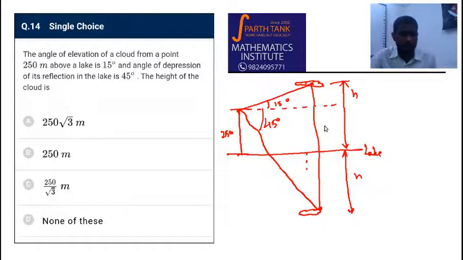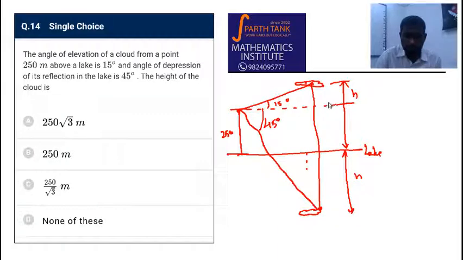The height of the cloud is, how high is this cloud? Okay, so how to do this? Basic trigonometry. Write tan 45 and tan 15, and then let us see how we can eliminate things from that.